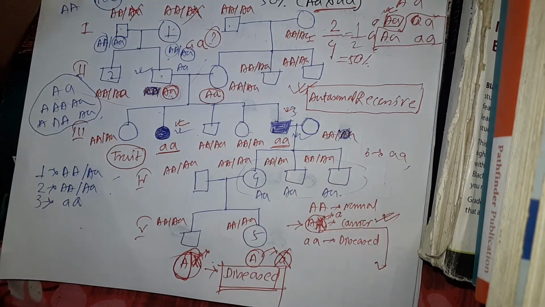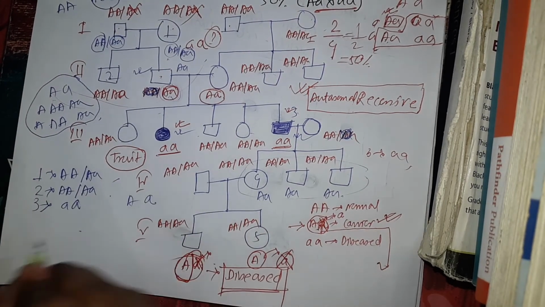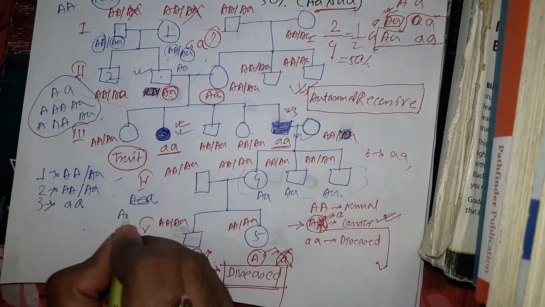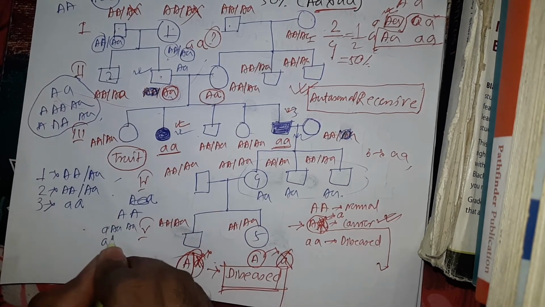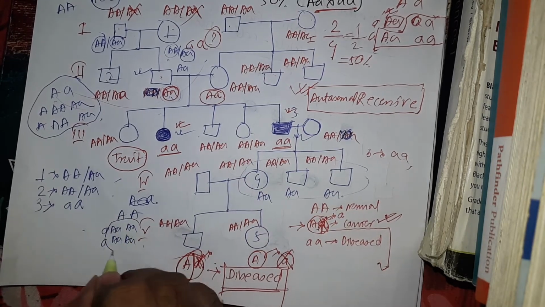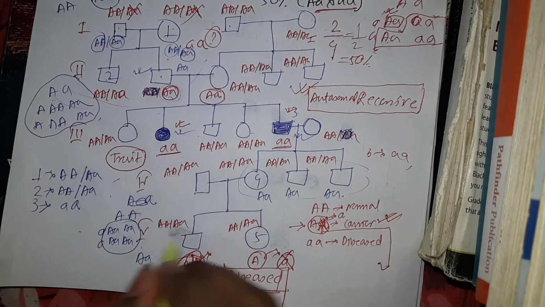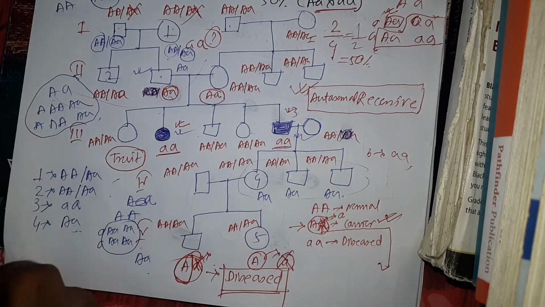I hope I do not have to tell you, because मैं जानता हूँ कि आप लोगों को अच्छे से Punnett स्क्वायर करना आता ही होगा, फिर भी मैं कर देता हूँ. So all four possibilities are capital A small a. So individual 4 will also be capital A small a, right?